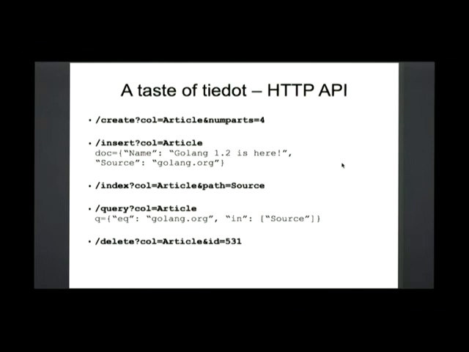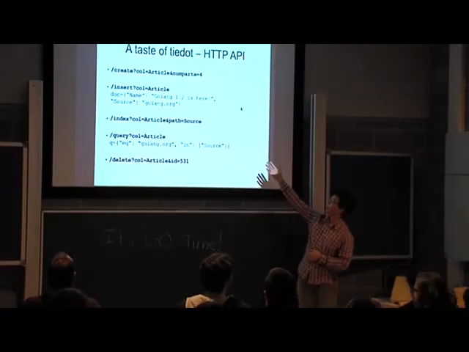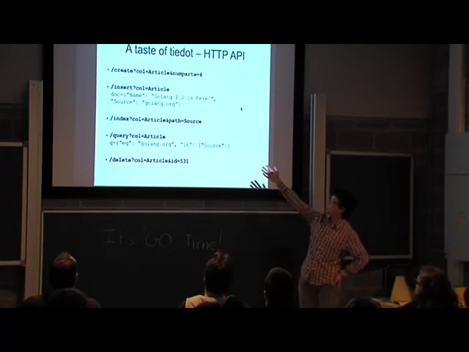Let's get a taste of the HTTP API. I was hoping to make it straightforward. In the beginning, we create a collection called article, and we allow at most 4 parallel I/O operations by partitioning the collection into 4 parts. We insert a document into the collection with some parameters right there.